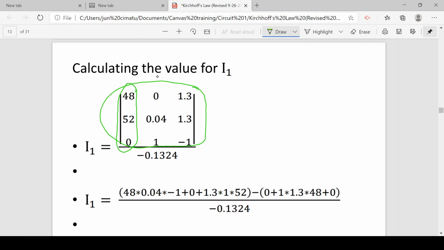And then the second and third columns remain unchanged. And divide the determinant with the denominator or determinant D.